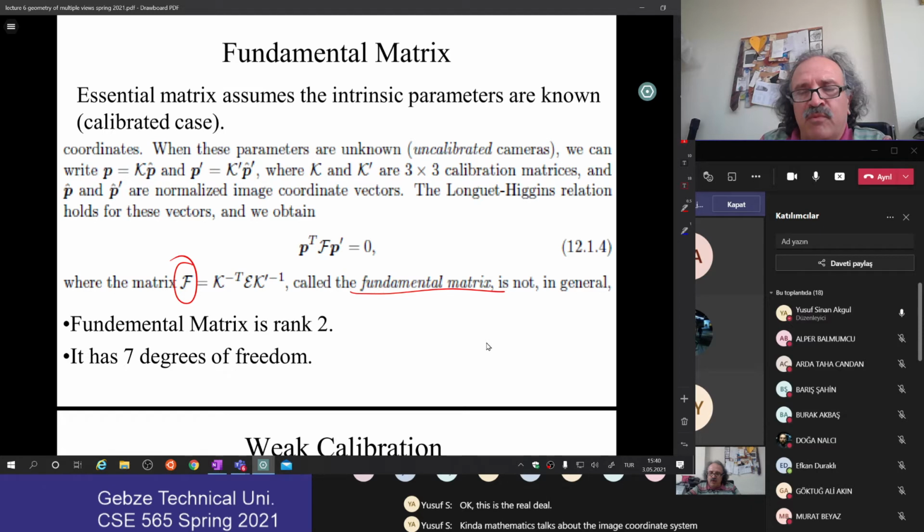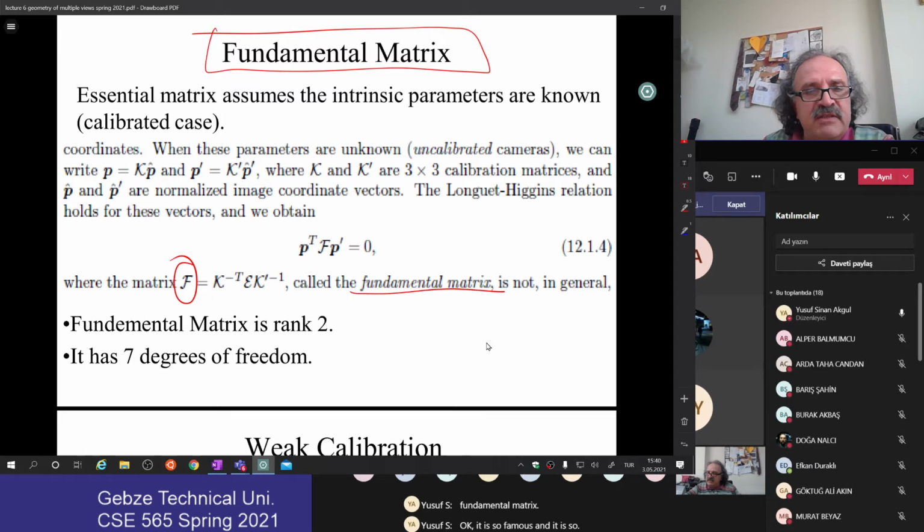It is so famous and so frequently used that people made songs about it. They sing about it, and I think I have that video file somewhere. Can I find the fundamental matrix song?